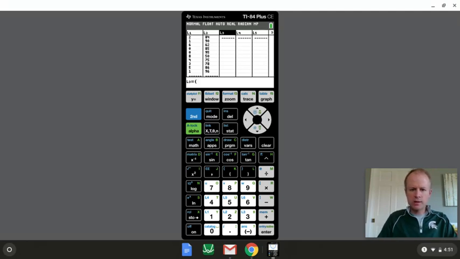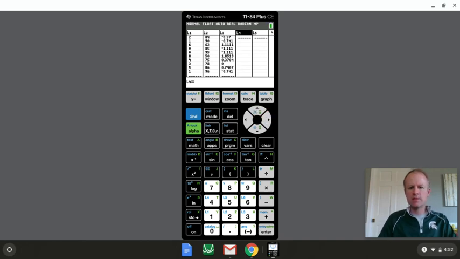So I'm going to press second and then 1, and then minus my mean for L1, which was 3, divided by the standard deviation for L1, which is 2.7. If I press enter, that will calculate all those z-scores for the x's.